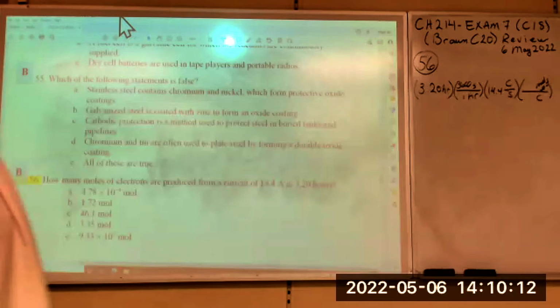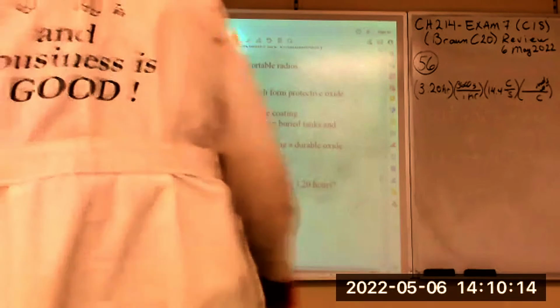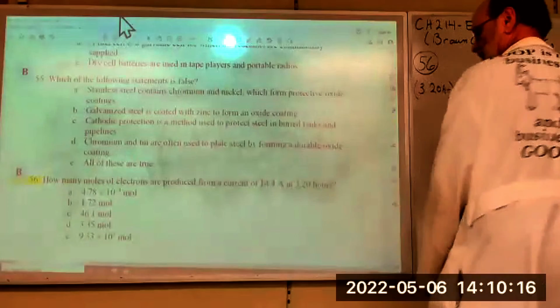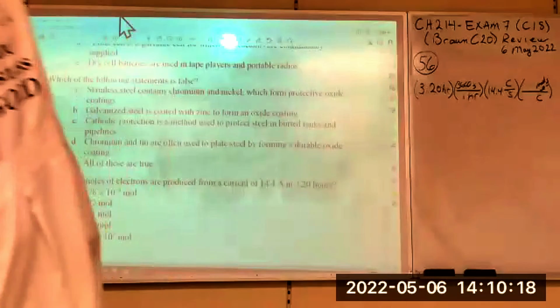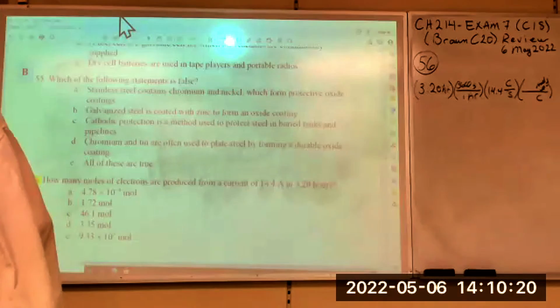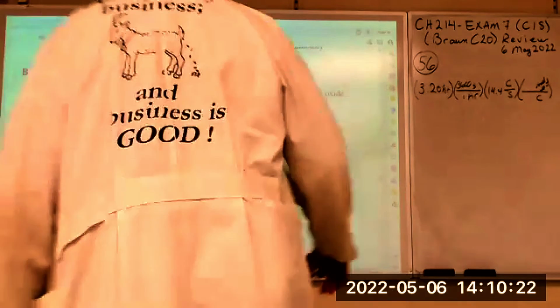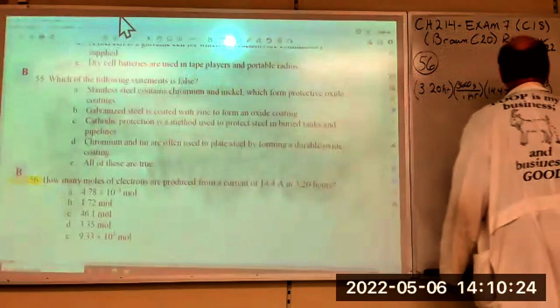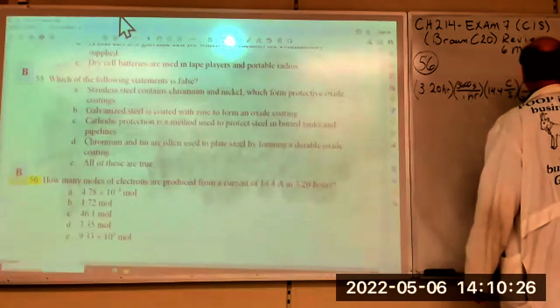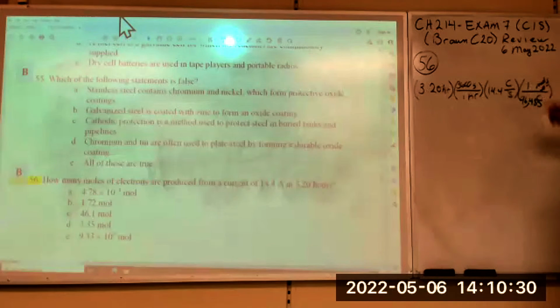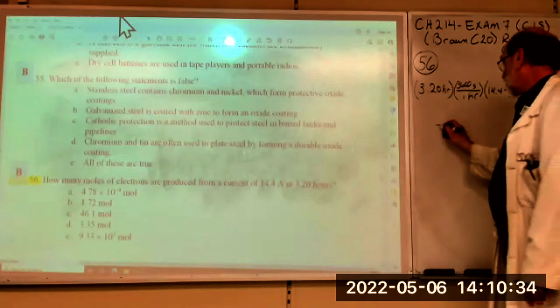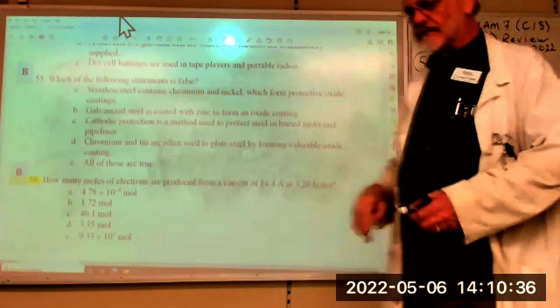Here it is, 96,485 coulombs per mole of electrons. Okay, so that should give us our answer.